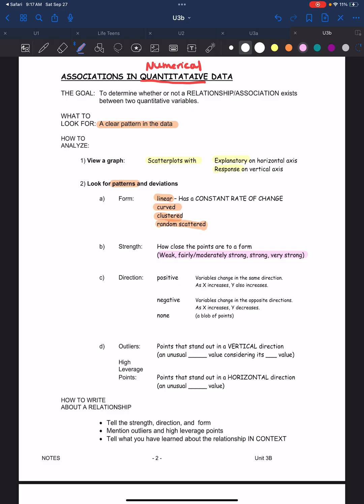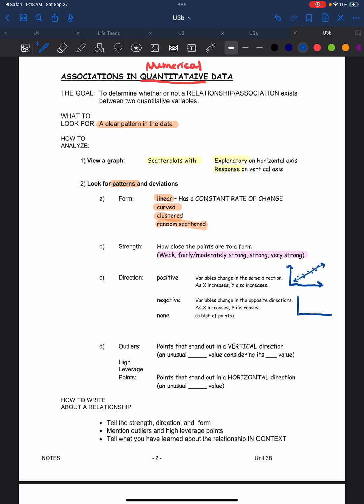We're also going to be talking about the direction that they're going in. We would say something has a positive direction if, as you increase through the x values, the y values are also going up. Think about the slope of a section of data.